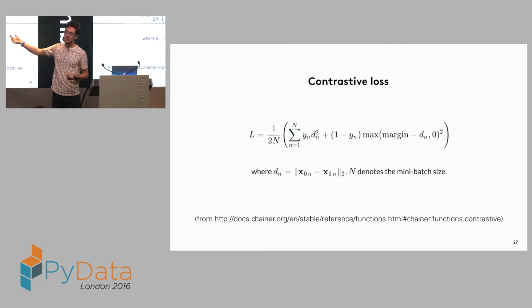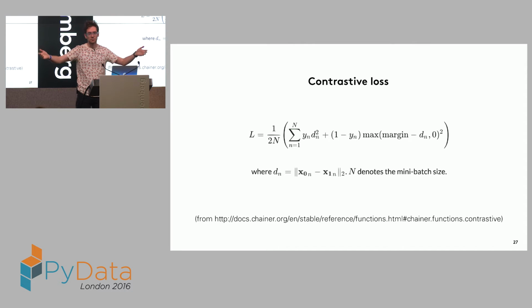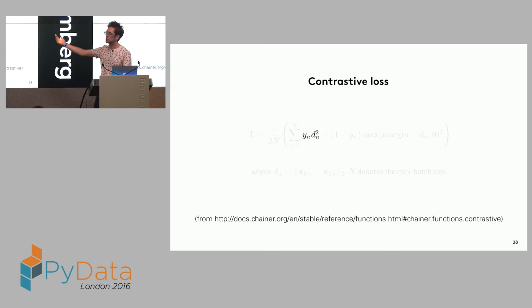This is a loss function that takes things that you say are the same and brings them close together, and takes things that are different and moves them further apart. So two fairly critical terms. This style of network takes pairs. If the pair is labeled as being the same, then your cost is proportional to how far apart they are.